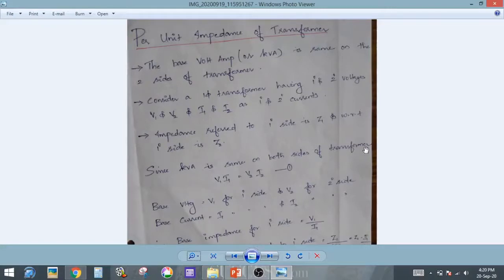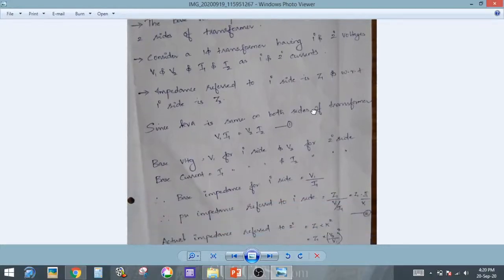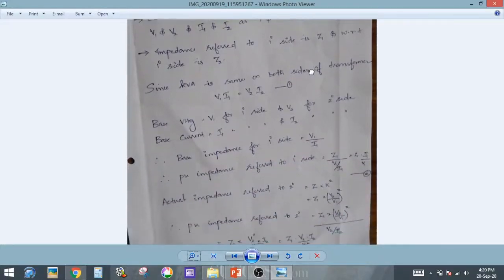Consider a single phase transformer having primary and secondary voltages, which are expressed as V1 and V2, currents I1 and I2, and impedance referred to the primary side is taken as Z1, and with respect to the secondary side we can take it as Z2. kVA is the same on both sides of the transformer, hence V1 I1 equal to V2 I2. This is equation number 1. Base voltage for the primary side is taken as V1 and base voltage for the secondary side is taken as V2.